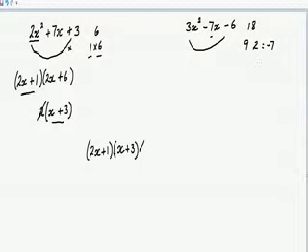Okay, so what signs do I need to put in here? The same as I did before. What signs do I need to put in here to give me minus 7? Well, that would have to be minus 9 plus 2. Because if I was £9 overdrawn and I added £2 to my account, I would still be £7 overdrawn.